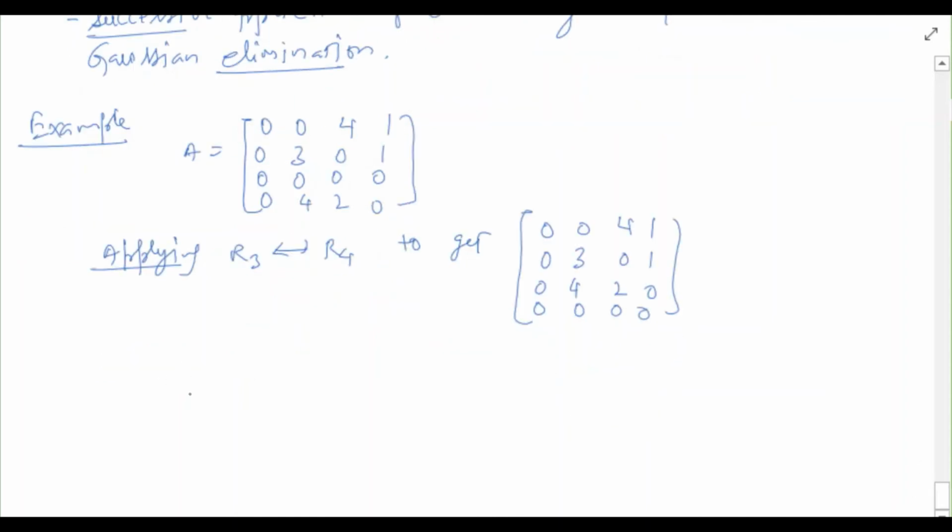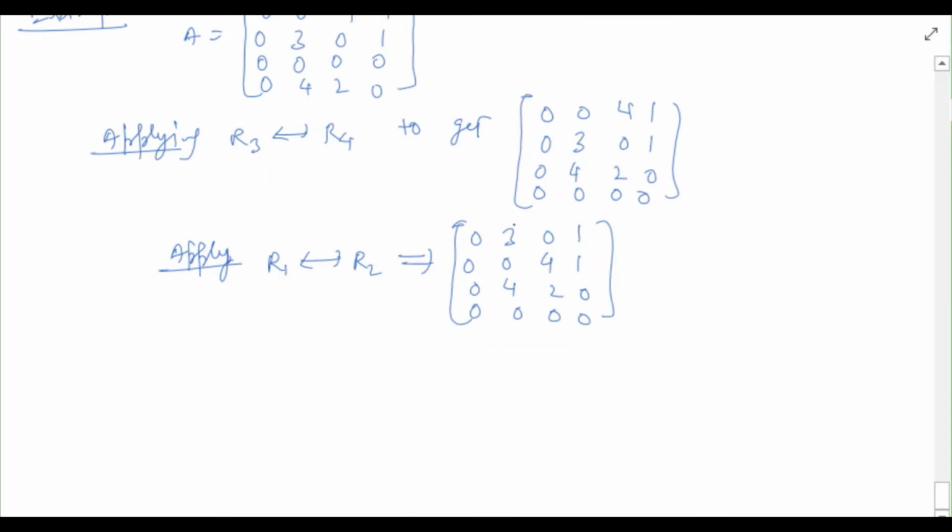Next, apply interchange of R1 and R2, and this way we will get 0 3 0 1, 0 0 4 1, 0 4 2 0, 0 0 0 0.